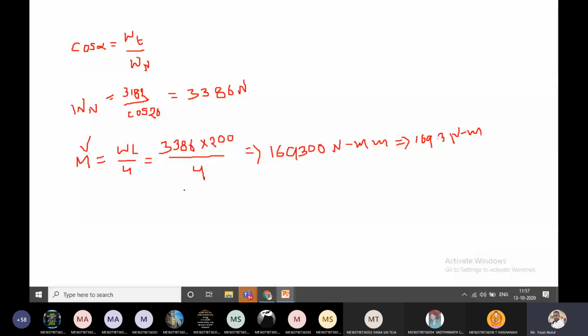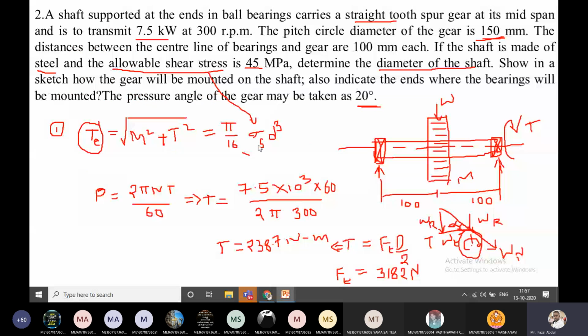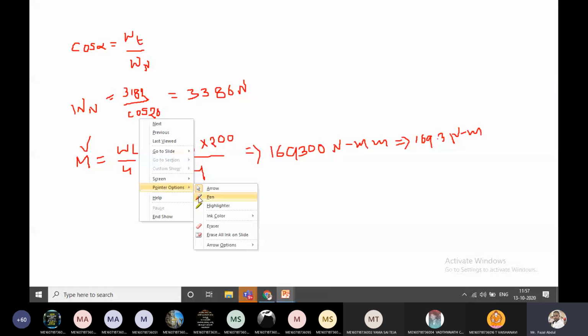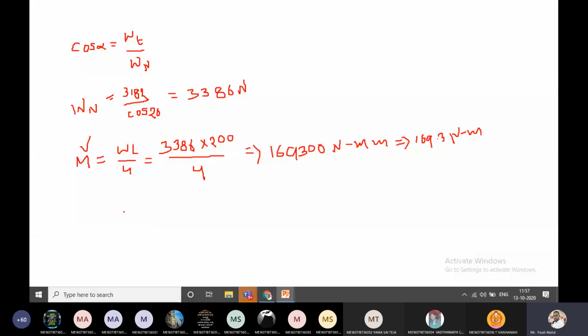Now M value we calculated and T value we calculated here. Substitute in this equation. Sigma s value is given in the question, 45 megapascal. Now tell me the d value. So I'm substituting here. M value just now we calculated, first 5 by 16, 45 megapascal is given in the question, sigma s value.